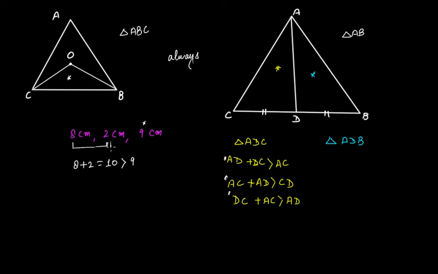Now check for 2 and 9. So 2 plus 9 is equal to 11 and it is greater than 8, so this time it also holds true. Now add 8 and 9. So 8 plus 9 is equal to 17 centimeter, and yes, it is greater than 2 centimeter. So even in this case, it holds true.